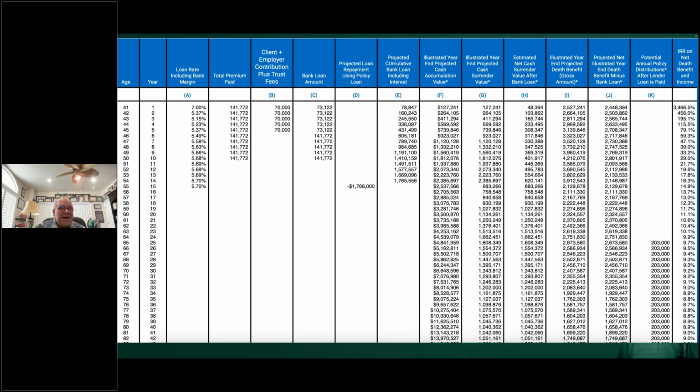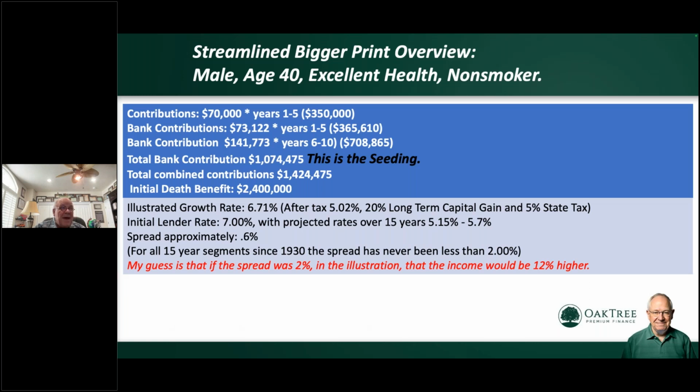There are a lot of rows and lots of numbers, and if I'm working with this, I'm pulling out a ruler and drawing lines under it, trying to figure out what it's saying. It's a little bit difficult, so I've designed what I'm going to call the Streamlined Bigger Print Overview. That's the next slide.